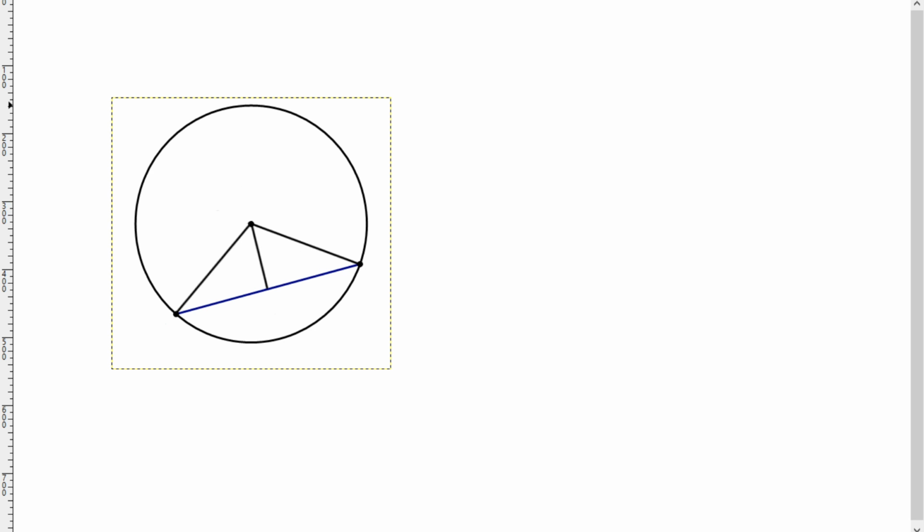Just make sure we're on the right layer here. Okay. So example number one says point O is the center of the circle. So we'll label our center point O, and line segment OC bisects chord AB, and OC is this guy, and AB is our chord.